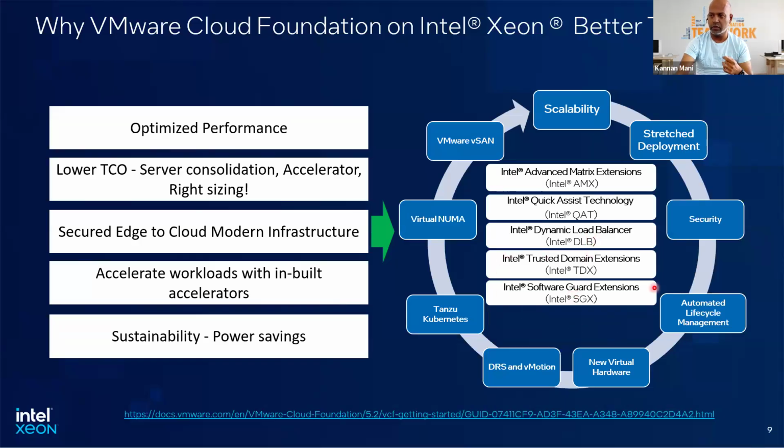And we have two security technologies: Intel Trust Domain Extensions and Software Guard Extensions. TDX does protection at the VM level, SGX at the application level. Those two are already enabled; that's what I call the accelerators already built in.